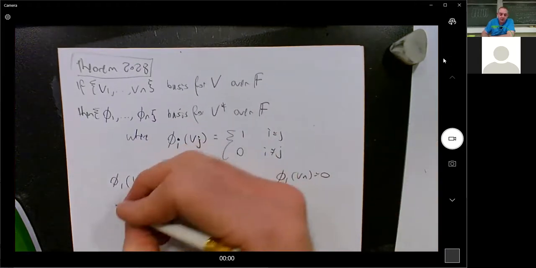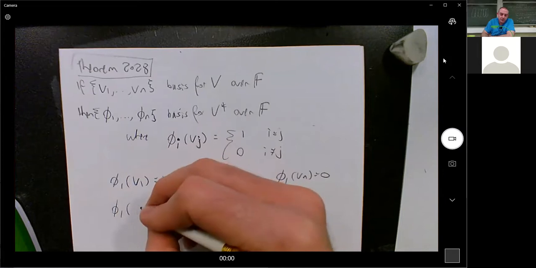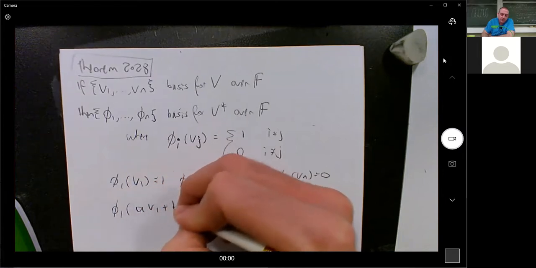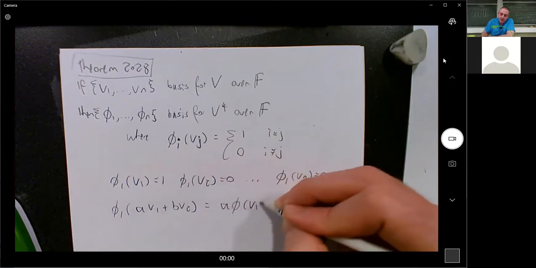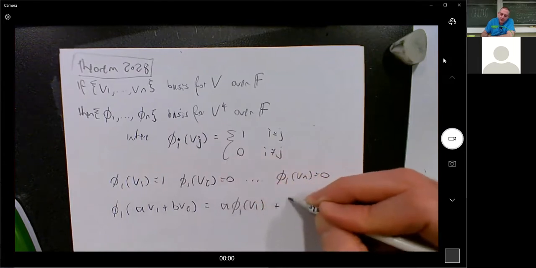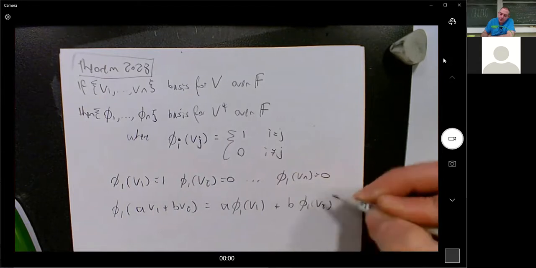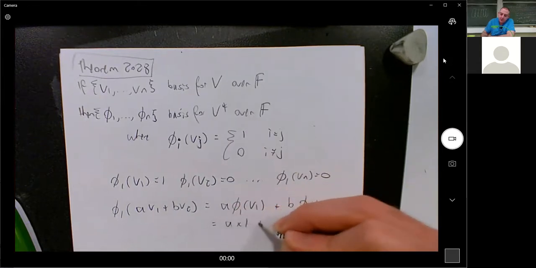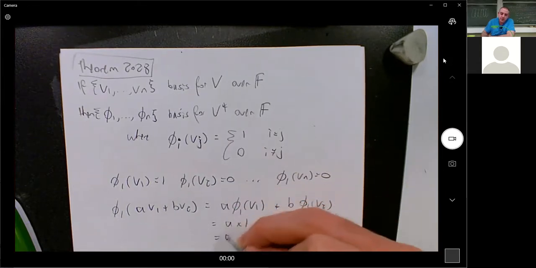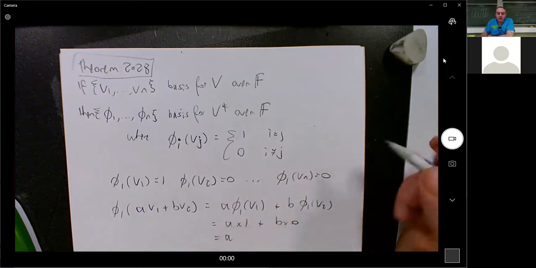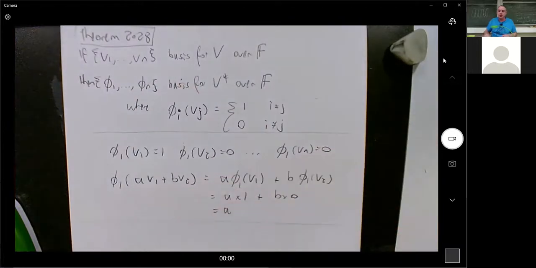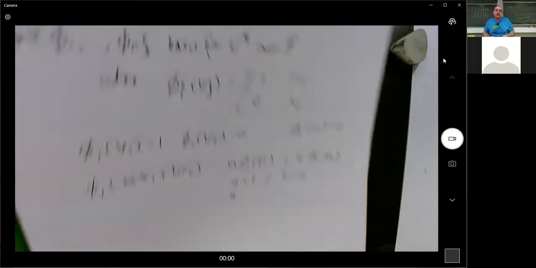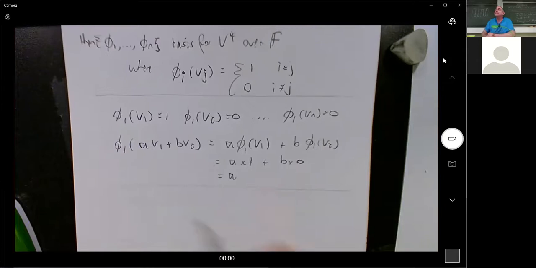And what that means is that phi 1 of A V1 plus B V2 will be A times phi 1 of V1 plus B times phi 1 of V2, which will be A times 1 plus B times 0, which will be A. And so what these functions do is they tell you what the ith coordinate is.